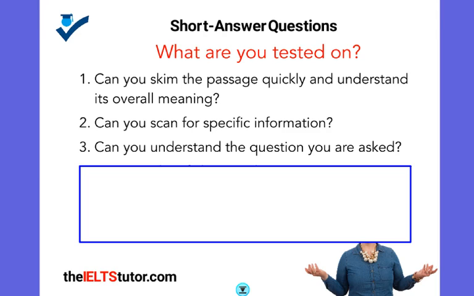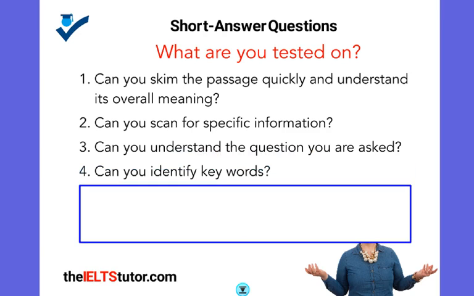Okay, so this takes a little bit of analysis. When you're given a question, make sure that you approach the question carefully. At the same time, you will be tested on whether or not you're able to identify keywords, not just in the question, but also similar meanings of the keywords from the question in the text itself.